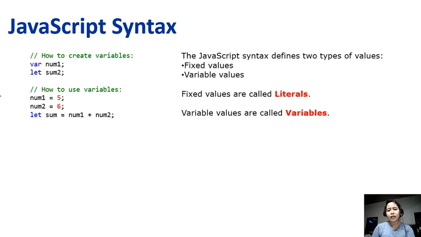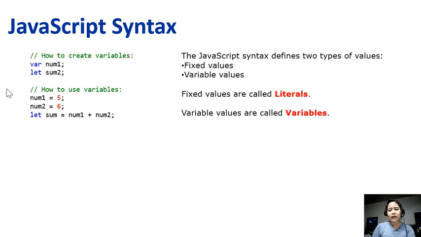As you will later understand, there are variations or limitations between when you declare a variable using var and when you declare a variable using let. So here you're simply declaring num1 and sum2.